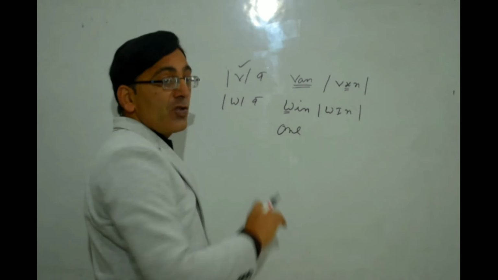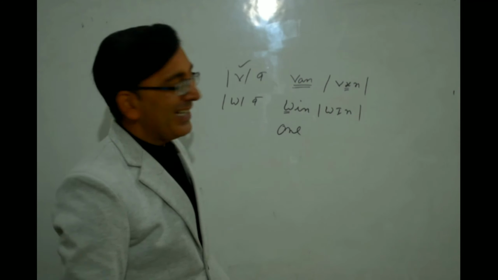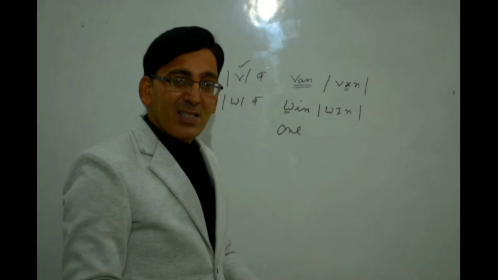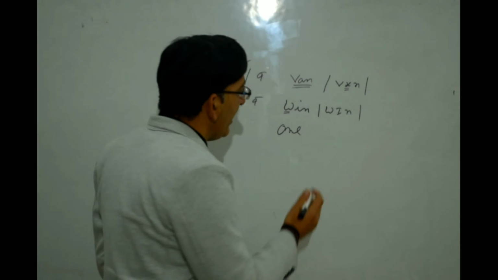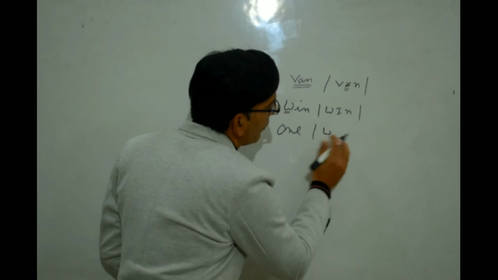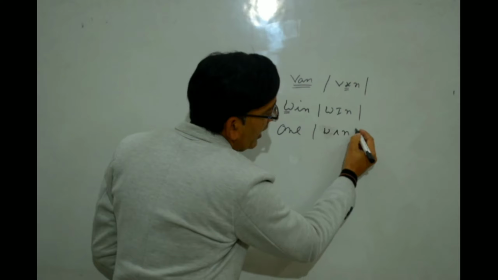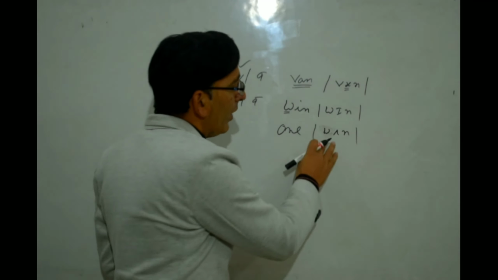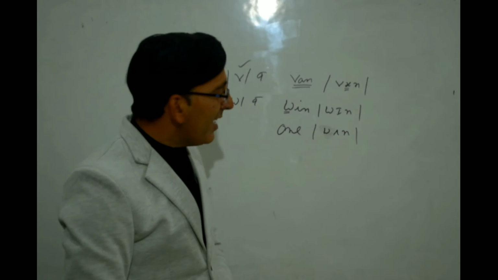Otherwise we always use w wherever there is a w sound. Clear? So in one, again there is a w sound. So again we will use this one here. One: w, the symbol of n is n, and we will use this vowel sound that I will discuss in my next video.